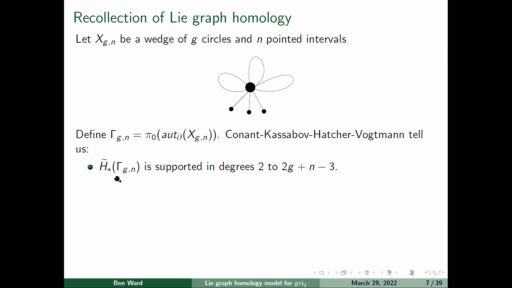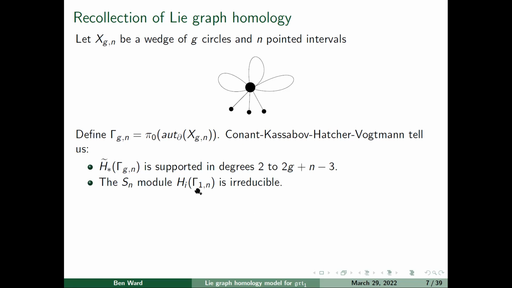One is they tell us where the group homology is supported. So I'm doing everything with trivial or rational coefficients in this discussion, and I'll mostly be concerned with just reduced homology. So there's only a range where it can exist. Let me call this top dimensional possible homology the virtual cohomological dimension, or VCD.